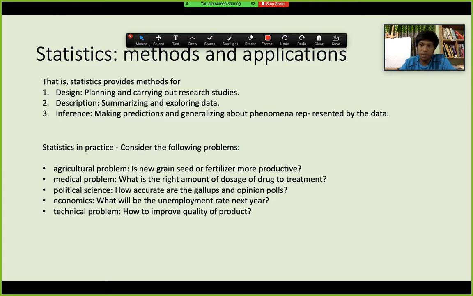Because they do experiments with real people, and they try to give different doses to different people, and they see what doses actually work better for different diseases. So this is how they know it. Okay, same thing goes with economics, technical problems, political science, etc. Everywhere we can use statistics.